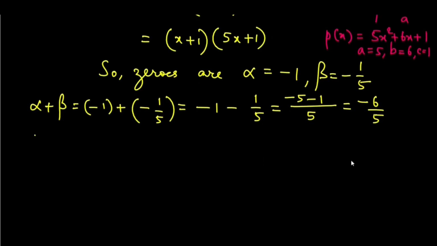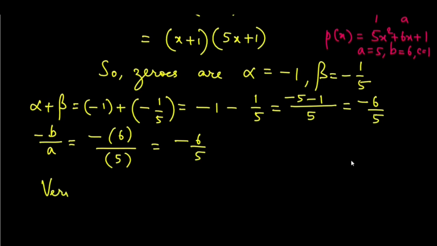Here what is minus b by a? Minus of b is 6 by a is 5. So we get minus 6 by 5. They are equal. So it is verified that alpha plus beta is equal to minus b by a.